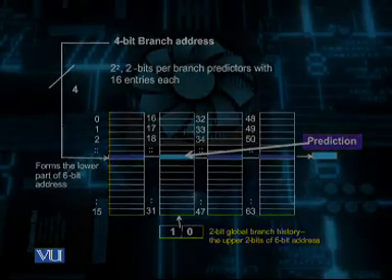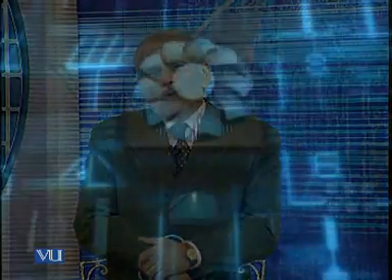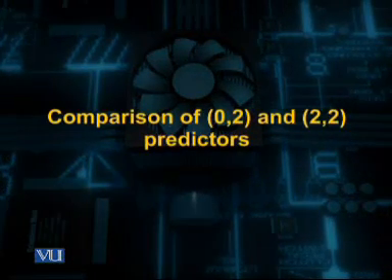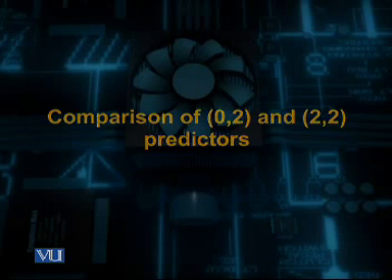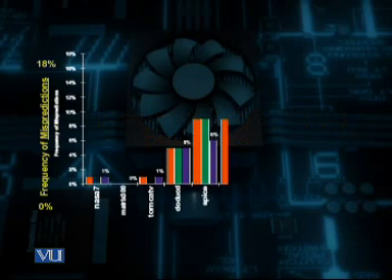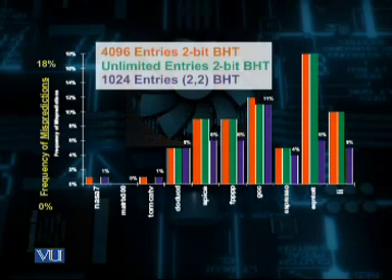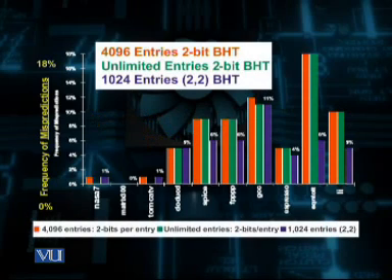Let us compare the performance of a simple 2-bit predictor and a 2,2 correlating predictor. Here you can see in this graph a simple 2-bit predictor with 4K prediction entries versus a 2,2 predictor with 1K entries.